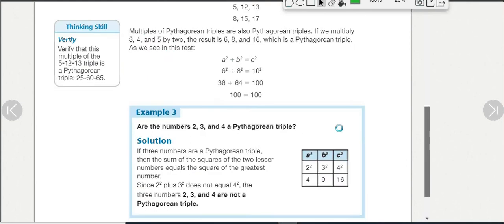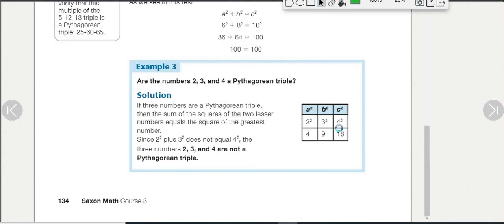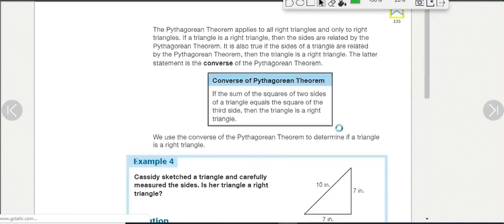Are 2, 3, 4 a Pythagorean triple, it asks? No, it's not, because 2 squared, or 4, plus 3 squared, which is 9, is not quite 16, which is c squared, or 4 squared. Pythagorean triples apply to all right triangles, and only right triangles, not other kinds.